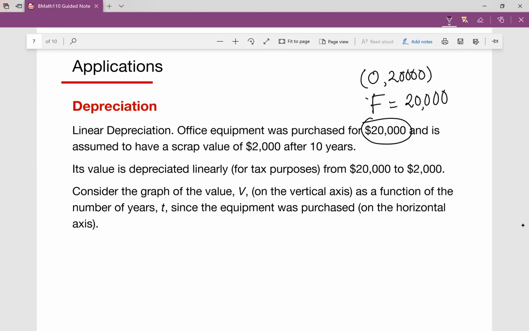And now it's assumed to have a scrap value of 2,000 after 10 years. Then what does that mean? After 10 years, so 10, we're going to have 2,000. So this gives me another ordered pair.